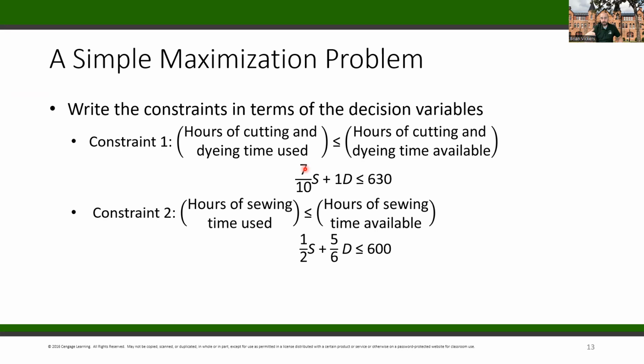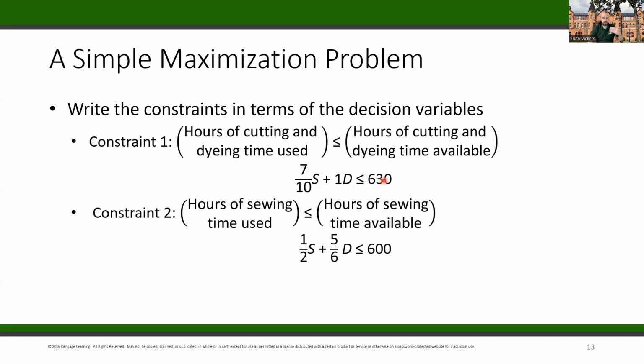My assumption is that in later editions of this textbook they've corrected this, because frankly, writing this out as a fraction is nonsense. But this is 7/10, so 0.7 for every S, plus 1 hour for every D. So 7/10 times however many S's we make, plus 1 for every D we make, deluxe bags, standard bags.